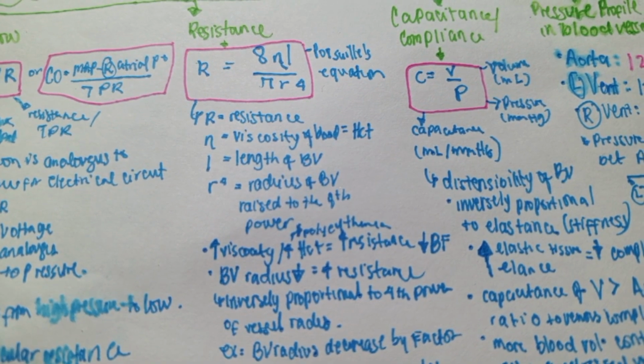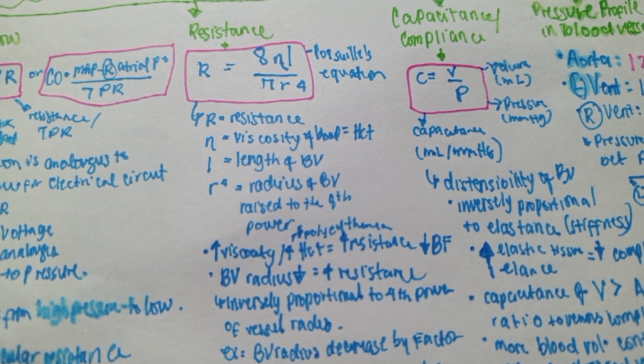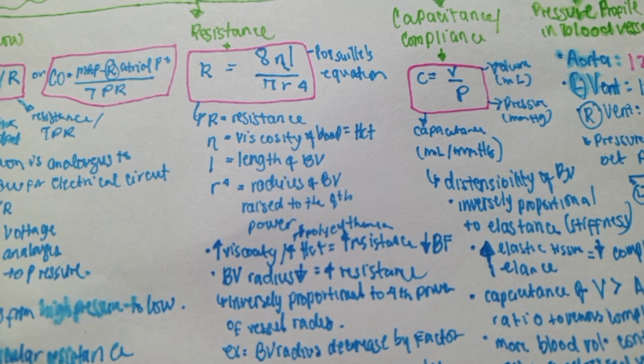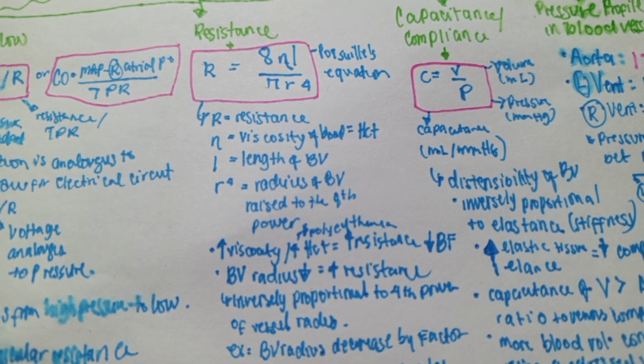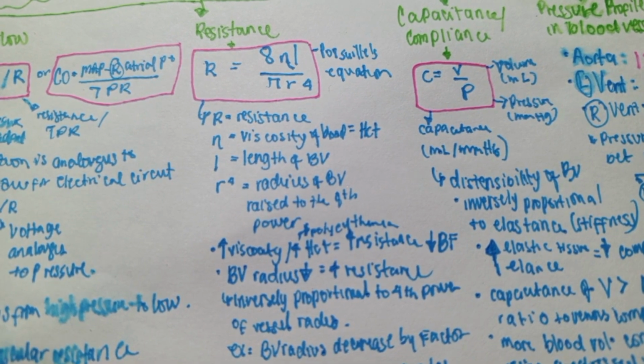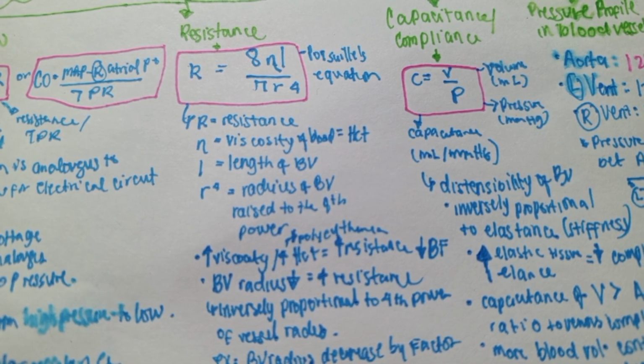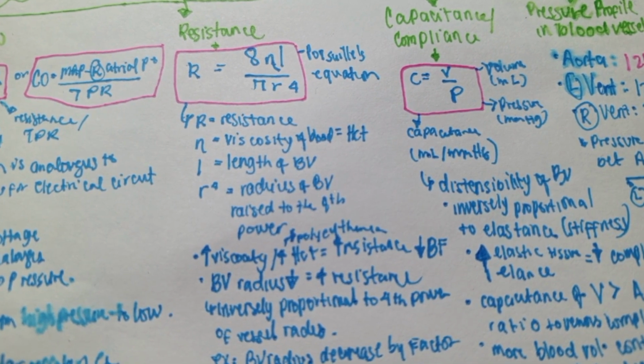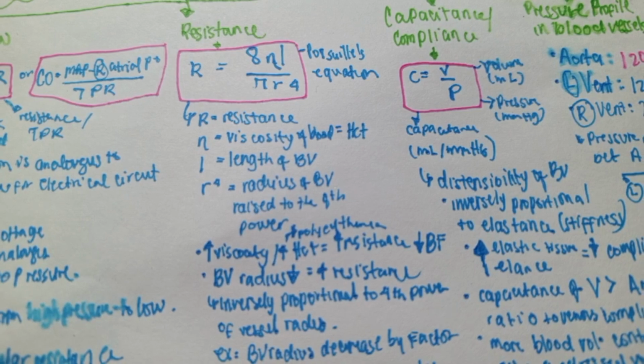And the relationship of resistance to the blood vessel radius is inversely proportional. So if the blood vessel radius is decreased or smaller, there will be an increase in resistance.